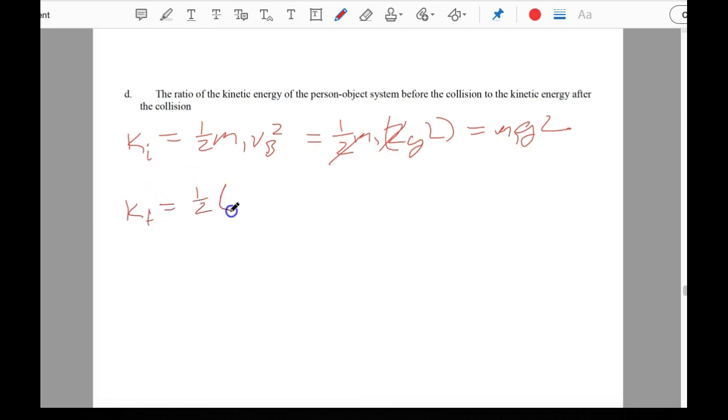Now that we've done that, we can find the final kinetic energy. That is equal to 1/2. Remember, we add the two objects together, m1 plus m2. We need to multiply that times the final velocity squared.